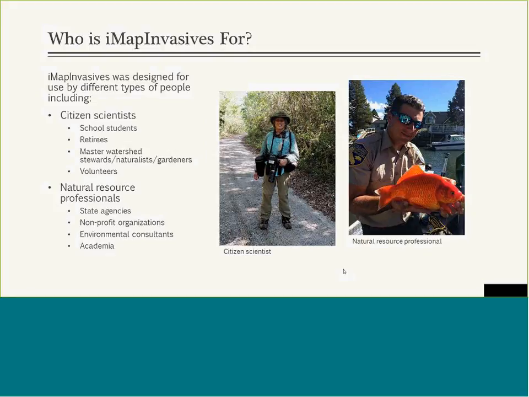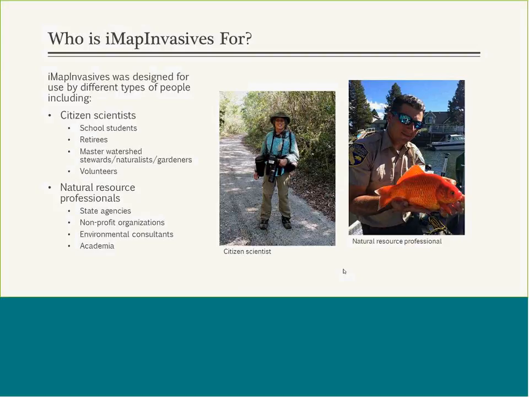The iMapInvasives 4 database was designed to be used by various types of people, but you can break that down into citizen scientists as well as natural resource professionals. To further define those two categories, our citizen scientists come from schools, and include folks that are retired but still have an interest in going out and doing work in the field.